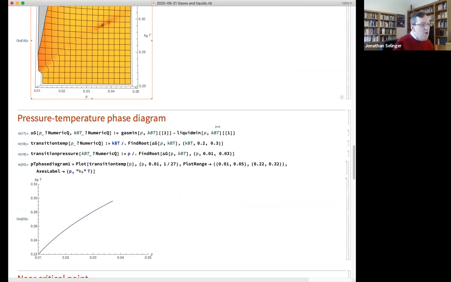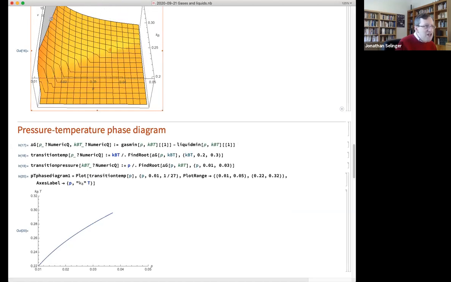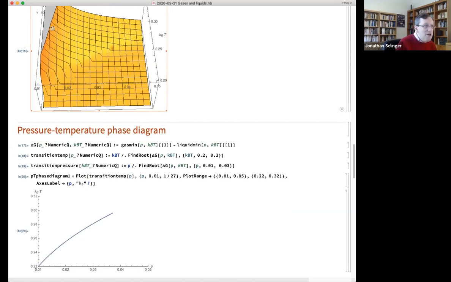So here now I have pressure on the horizontal axis and temperature on the vertical axis. Up in this region, that is for high temperature and low pressure, we have a phase with a big volume. We can see it because we look this way. There's a big volume.